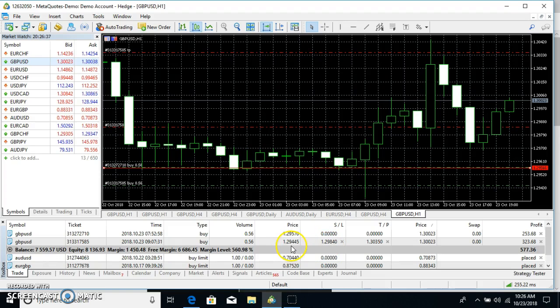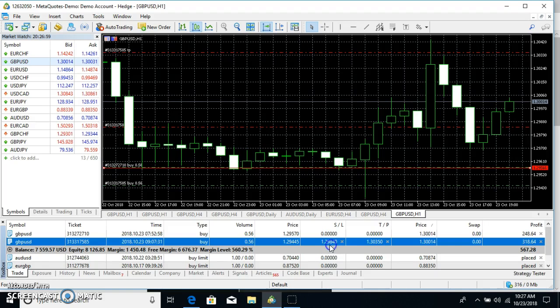I had the stop loss under 1.2944 at about 1.2900. Actually, I had it at 1.2895. Now I moved it up to, I had this at 1.2985. I mean, 1.2985.